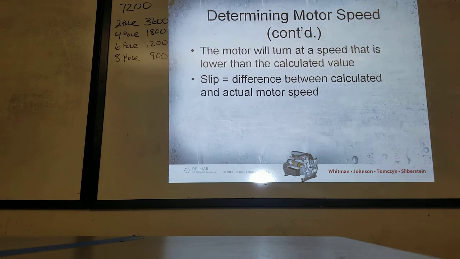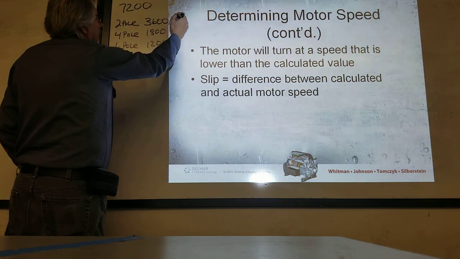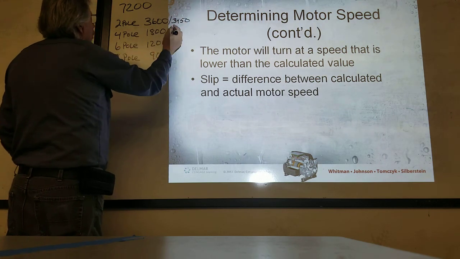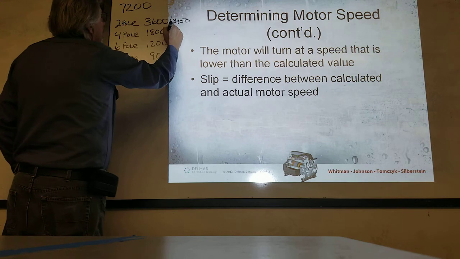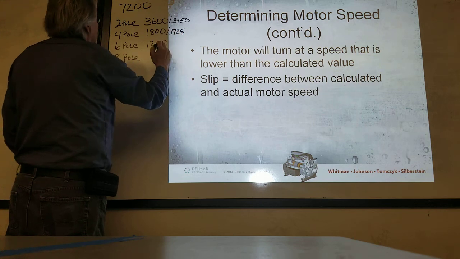Determining motor speed continued. The motor will turn at a speed that is lower than the calculated value. Slip equals the difference between calculated and actual motor speed. So the actual speed on a 3,600 motor is probably gonna be 3450. A 4-pole motor, actual speed is probably gonna be 1725, maybe 1750.